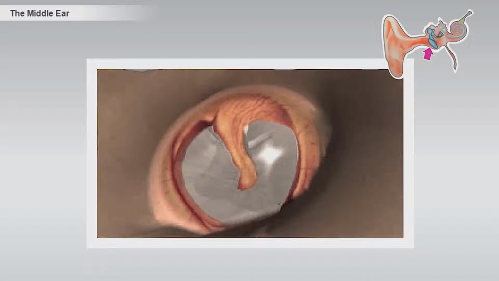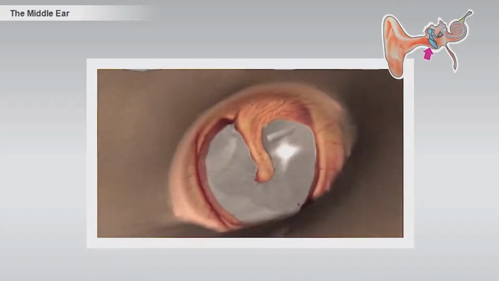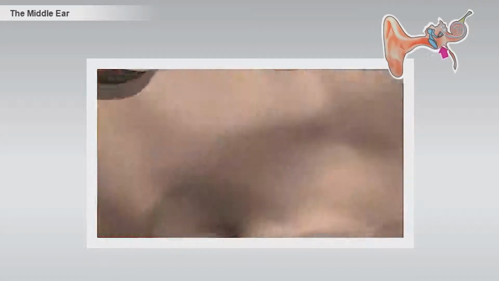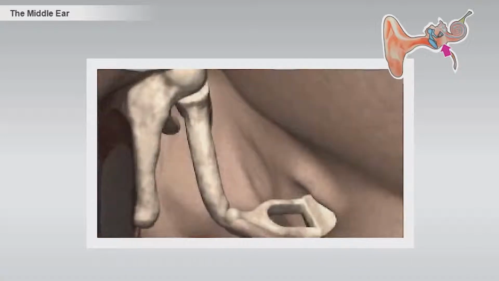The sound now continues into the middle ear, which is parted from the ear canal by the eardrum. The middle ear is a small air-filled cavity in the temporal bone. The middle ear contains the ossicular chain. The ossicular chain consists of the three smallest bones in our body: the malleus, the incus, and the stapes.